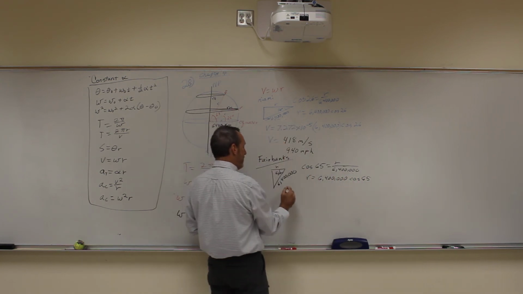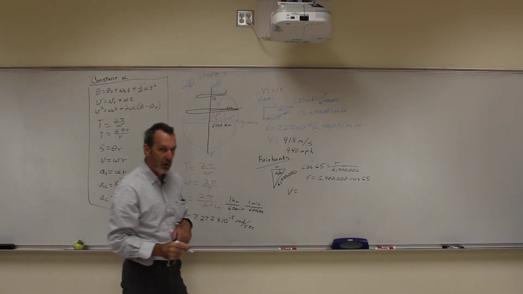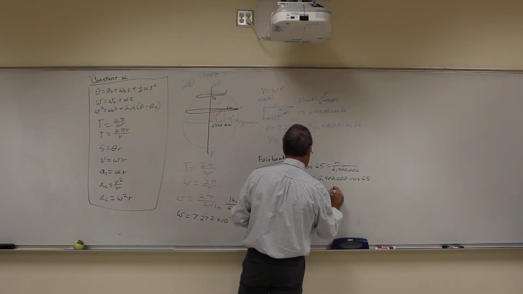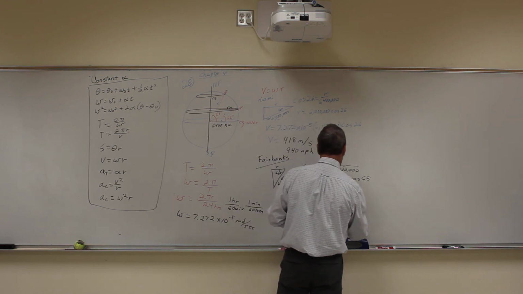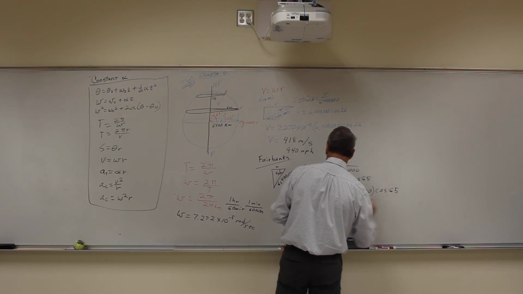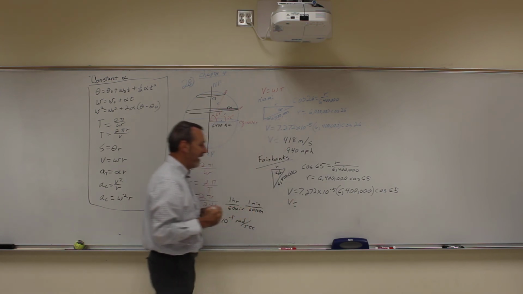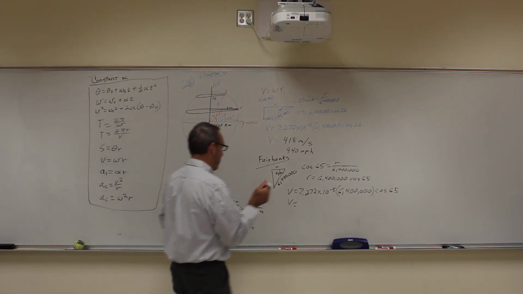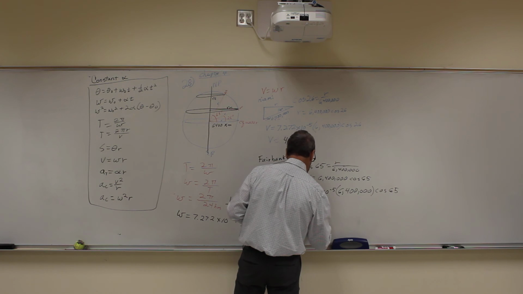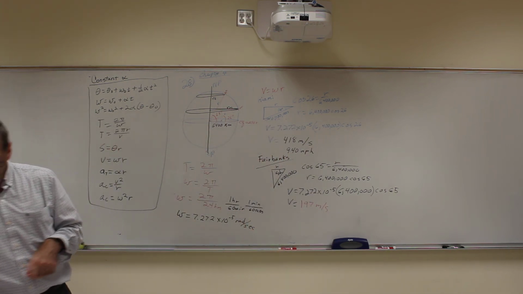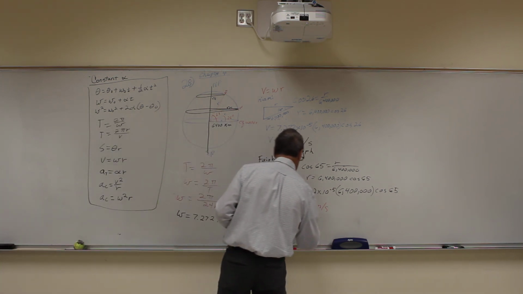We plug that back in because omega is still the same. Doesn't matter where you are on the Earth. So this becomes 7.272 times 10 to the minus 5 times 6,400,000 times the cosine of 65. And when you do that, you get the velocity in Fairbanks is significantly slower. It's 197 meters per second. And if you convert that to miles per hour, it's 443 miles per hour.